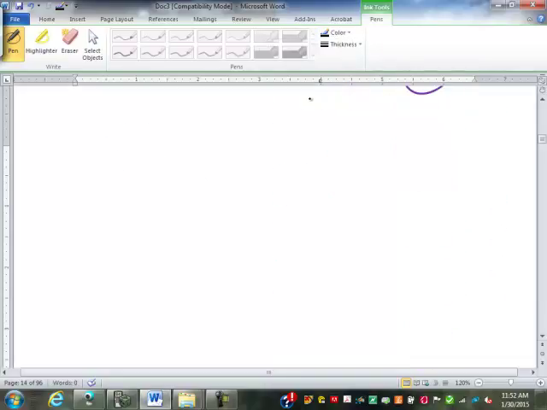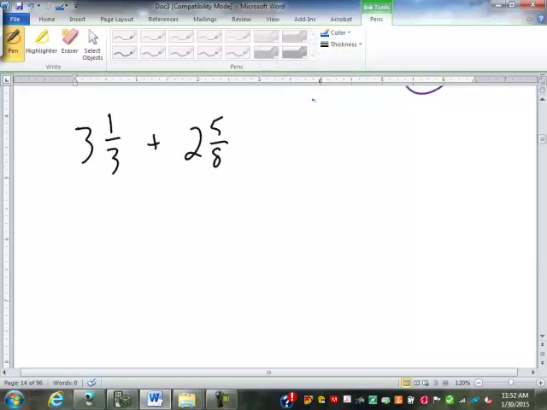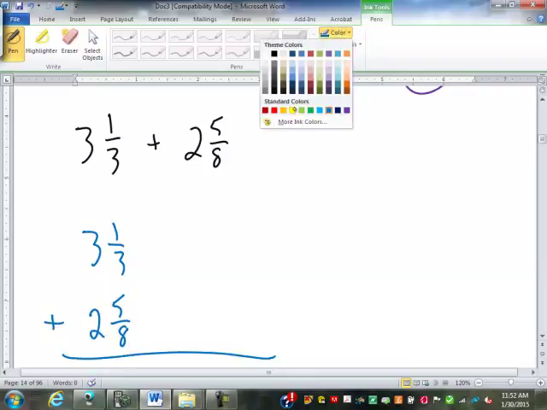numbers. When we add mixed numbers, like 3 and 1/3 plus 2 5/8. I always set up my additions vertically because to me that's how it makes the most sense. Now I still need a common denominator.